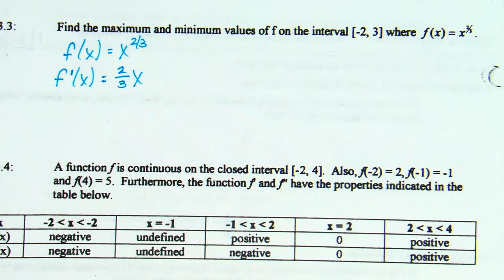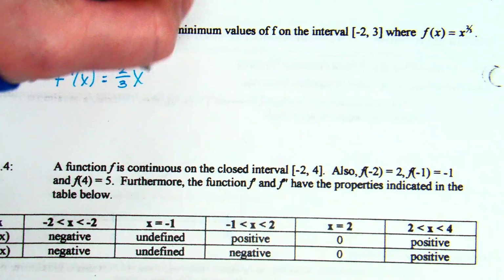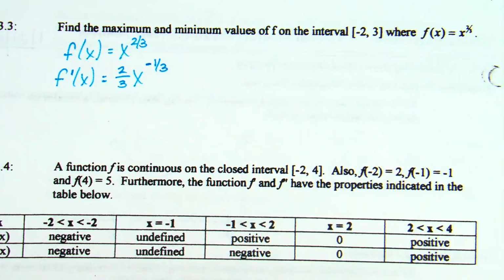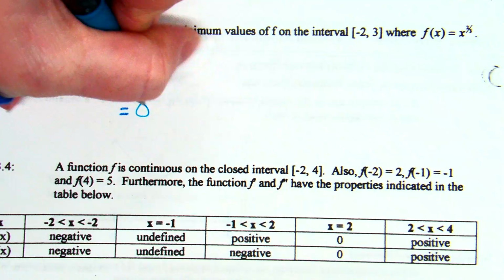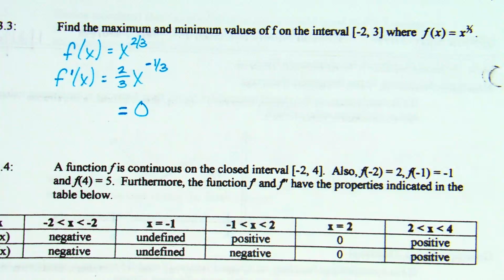2/3, because you multiply that 2/3 out front, x, subtract 1, so 2/3 minus 1, so 2/3 minus 3/3 is -1/3. And then you take said derivative and set it equal to 0. Now, as I set it equal to 0, I'm going to write this in a different form. 2/3 is a fraction.